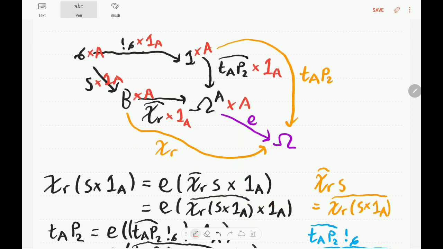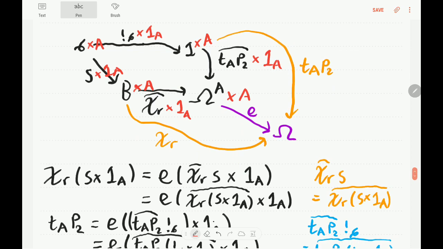And then since there has to be a unique arrow, which, doing timesing it by the identity and doing E after it gives this thing on the left, we have to have that these two things are equal. So we have to have that chi r S equals the transpose of chi r of S times 1A.